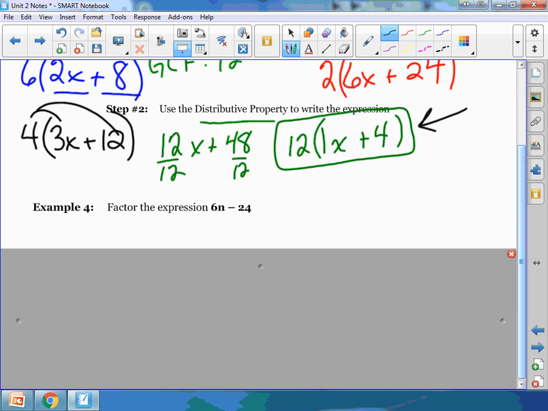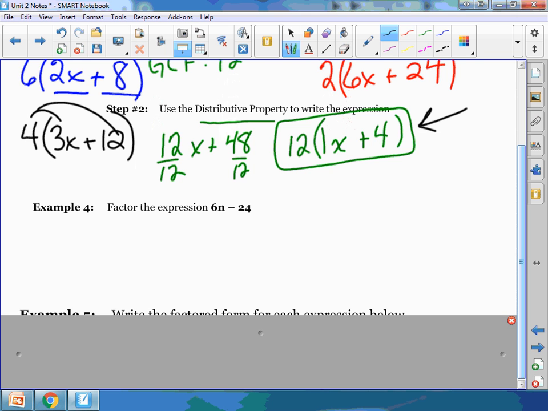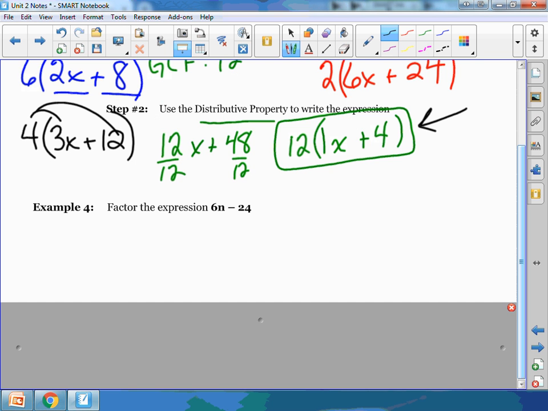All right, let's try to get this next one. 6n minus 24. What's your GCF? Between 6n and 24. Brooke? 6. So we're looking for 6 groups of what?